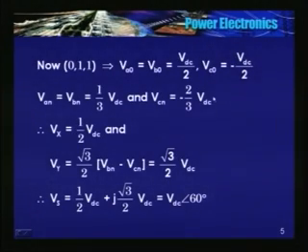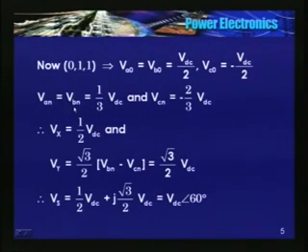Now if I substitute these values in that matrix, we will find that VAN is equal to VBN is equal to 1/3 VDC, and VCN is minus 2/3 VDC, because the lower device is on. So from the switching position, we could determine VAN, VBN and VCN.